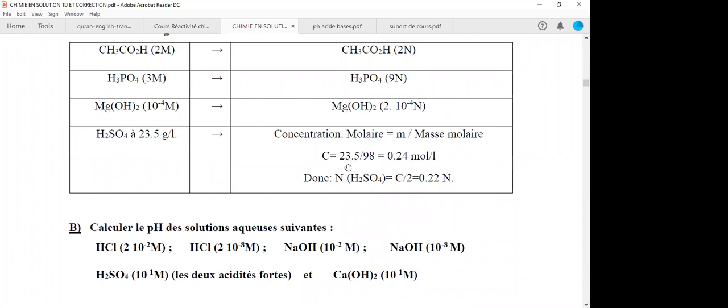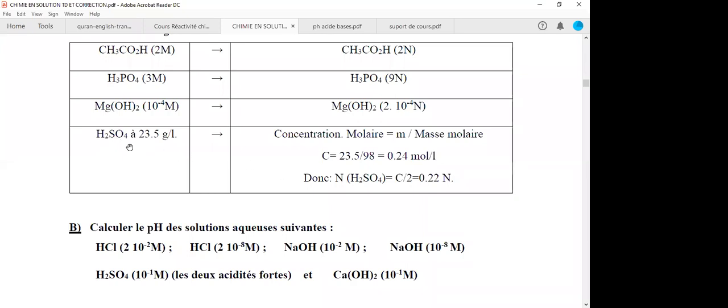Here the concentration is given by the mass divided by the molar mass. What is the molar mass of sulfuric acid? It is 2 times hydrogen, which is 1, so 2 times 1, plus 32 for sulfur, plus 4 times 16 for oxygen.